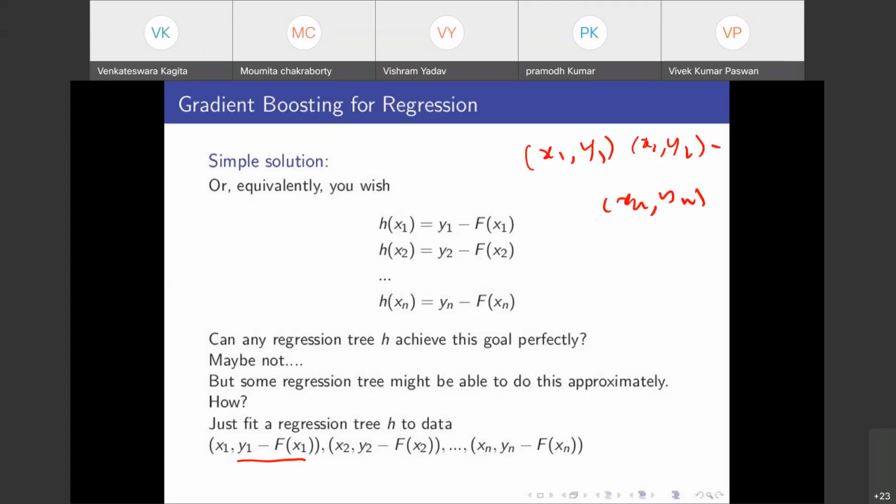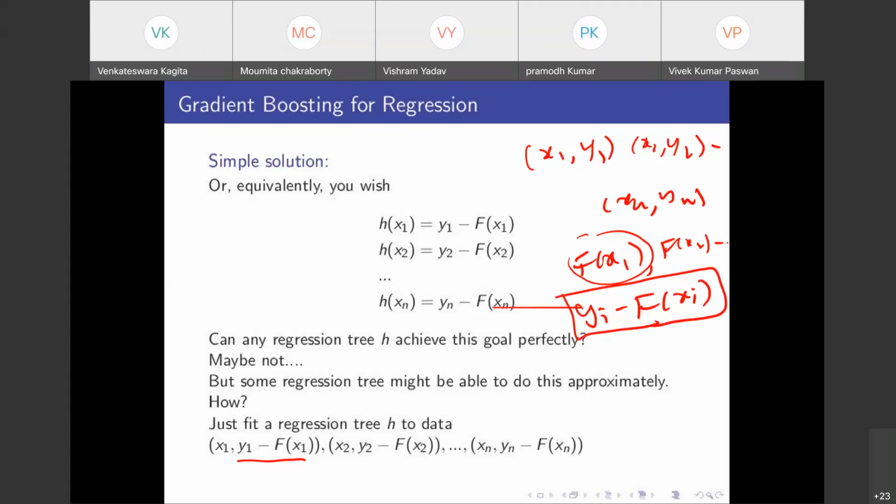Your existing model is giving f of x1, f of x2, and so on. If you remove this f of xi part where your existing model is predicting, you will get yi minus f of xi. So these are the parts where the existing model couldn't do well.